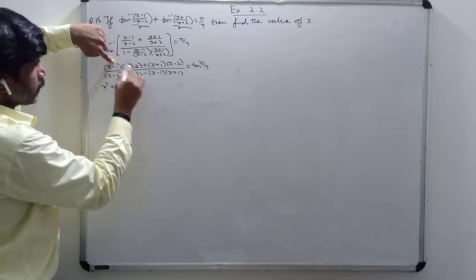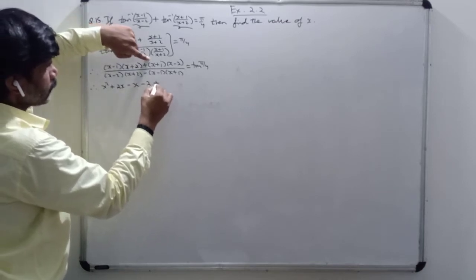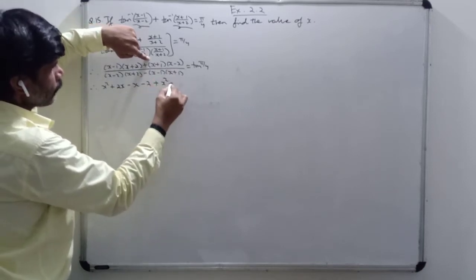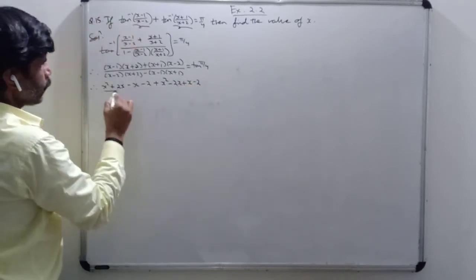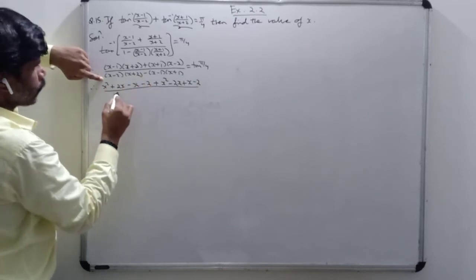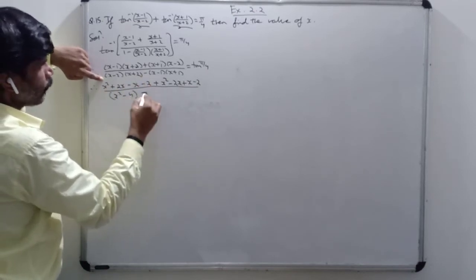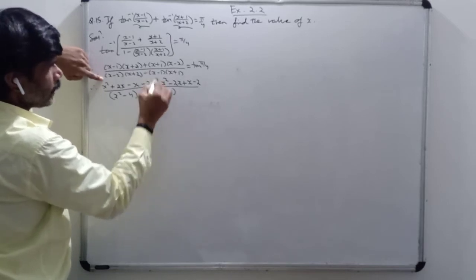x into x, x square, plus x into 2, 2x, minus 1 into x, minus x, minus into plus minus, 2 ones are 2, plus here I will expand x into x, x square, minus 2x plus x minus 2, whole divided by, what is (x minus 2) into (x plus 2)? x square minus 4, minus, what is (x minus 1) into (x plus 1)? x square minus 1. Here I have kept a bracket. Why?